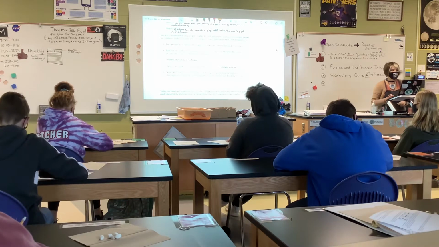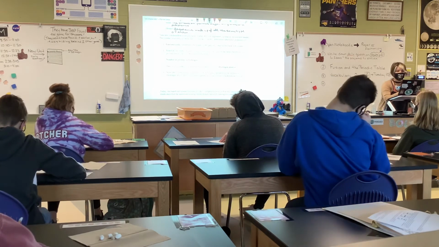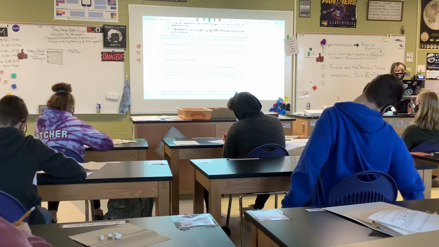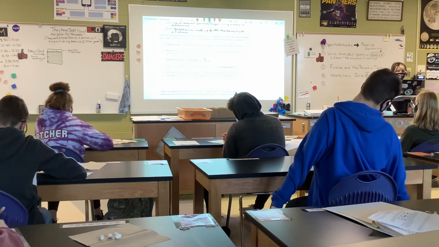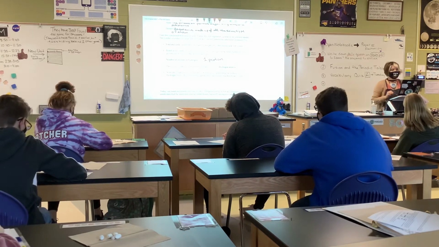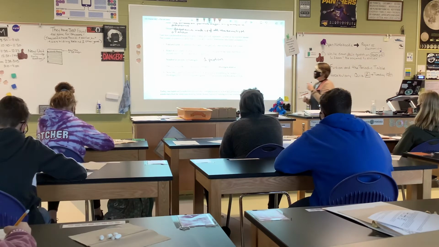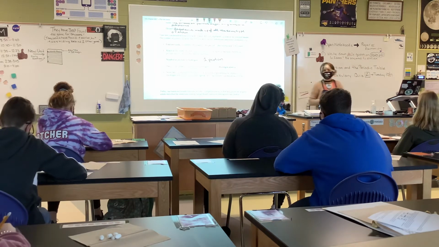So on number 4, where it says based on the model of carbon, find out how many protons are in one atom of the element hydrogen. 1 proton. Number 5 says that in our model, 1 marshmallow is going to represent 1 hydrogen atom.